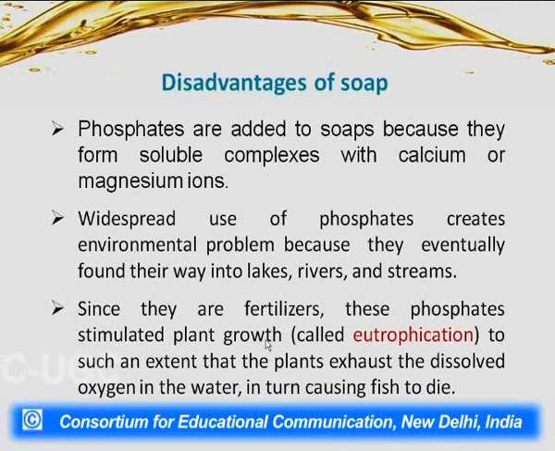So, in those water bodies where a lot of phosphates are washed out, the growth of plant material increases, and these plants now exhaust the dissolved oxygen, due to which the fish and other water animals die. This process is called eutrophication.